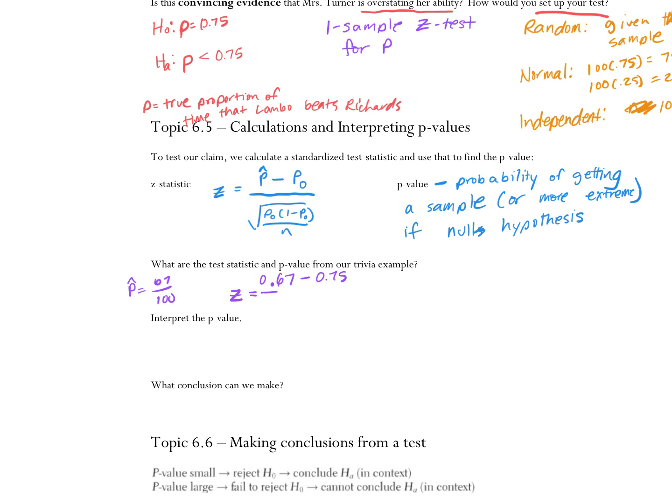And then I'm going to divide by the square root of 0.75 times 0.25 over 100. This is where I'll let you guys figure out what that standardized z statistic is.